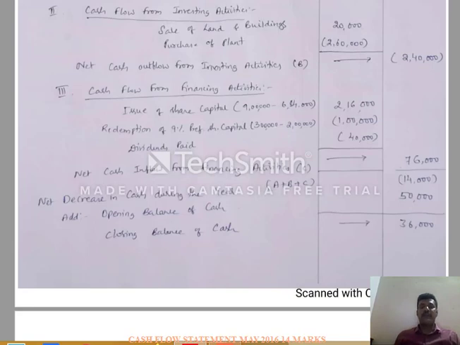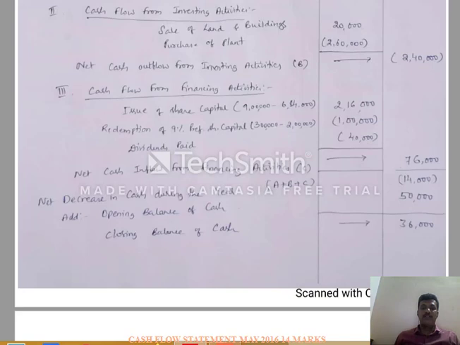The third part of the cash flow statement is for recording cash flow from financing activities. So here the items related to non-current liabilities are to be recorded. That includes issue of share capital. So share capital of the company has been increased by rupees 2,16,000. That results in inflow of cash for the company, 2,16,000. And there is a decrease in the value of 9% preference share capital by rupees 1 lakh, which we have to consider as a redemption of 9% preference share capital, that is minus 1 lakh.